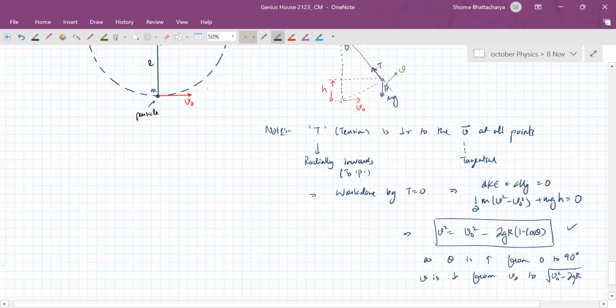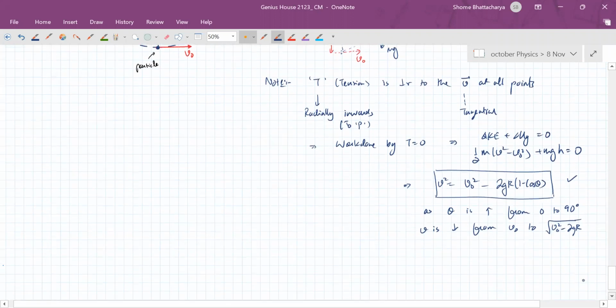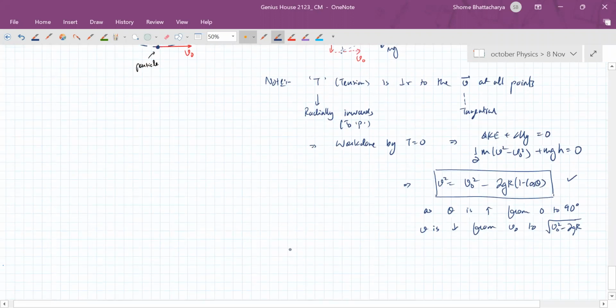We will talk about after 90 degrees later. Okay, now from that free body diagram, you can also see that tension is acting like this.